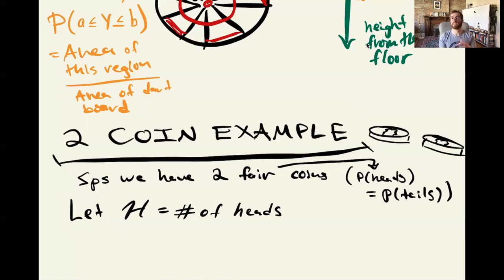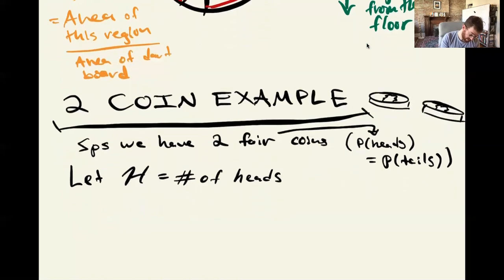So the first thing you want to consider is, what is the range of h? So clearly, h has to land between 0, 1, or 2. Can't have more than 2 heads because there are only 2 coins, and can't have fewer than 0 because that doesn't make any sense.